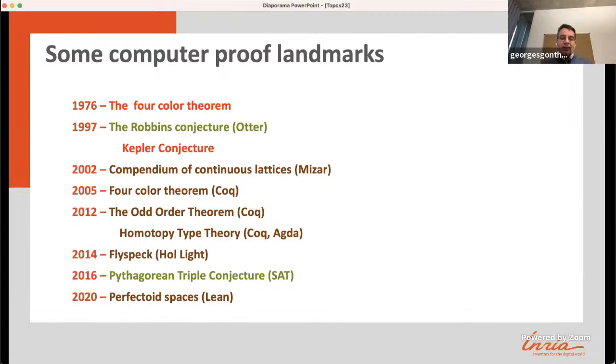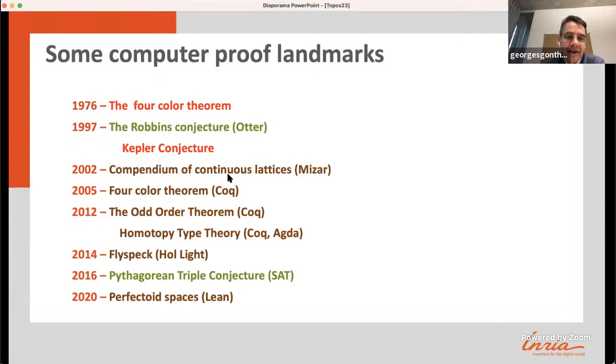So here's a somewhat shortened history of computer proofs, starting with the granddaddy of all of them, which is the four-color theorem.